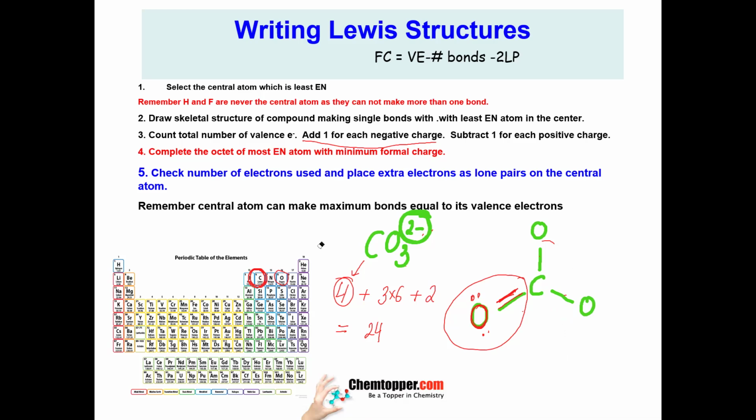It can have maximum 8, and we are done with 8 on carbon. So don't make a double bond. So how many lone pairs on this oxygen? 3. How many lone pairs on this oxygen? 3. Check the formal charge on every oxygen.